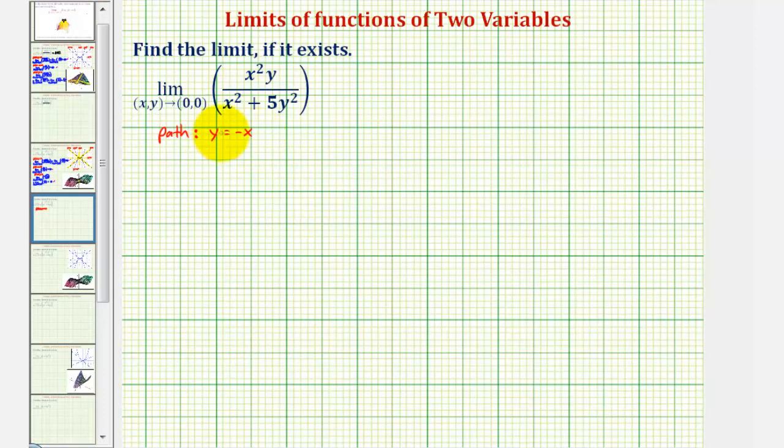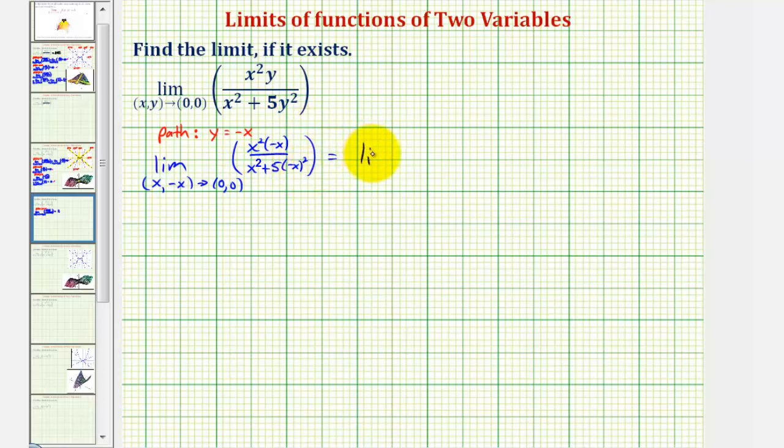So we'll substitute negative x for y, so we have the limit as x comma negative x approaches 0, 0 of, again we're substituting negative x for y, so in the numerator we'd have x squared times negative x divided by x squared plus 5 times negative x squared.